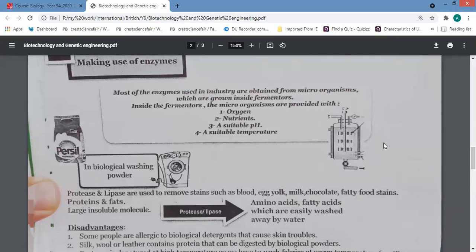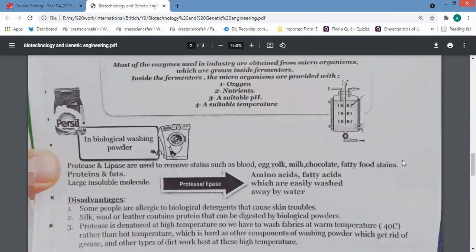But these microorganisms firstly enter some places called fermenters. In these fermenters, the microorganisms are provided with oxygen, nutrients, and suitable pH and suitable temperature for producing enzymes.